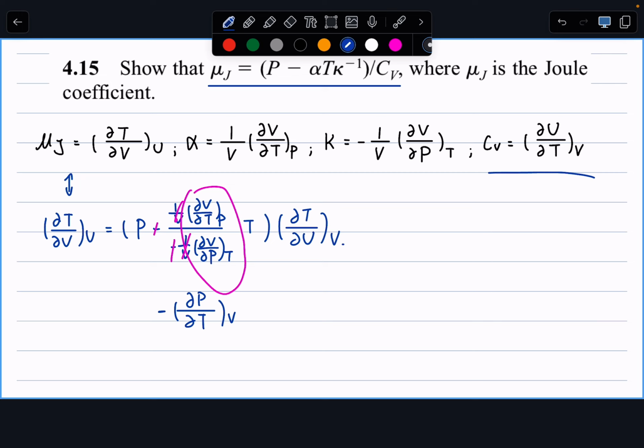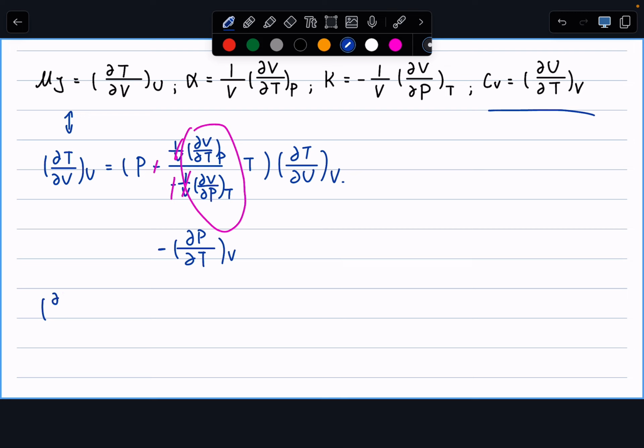Then we can reorganize it to be dT over dV at constant U. We're trying to prove that it equals P minus T dP over dT at constant V, times dT over dU at constant V. Yes, there's a T multiplied by that. Correct, thank you for pointing that out.